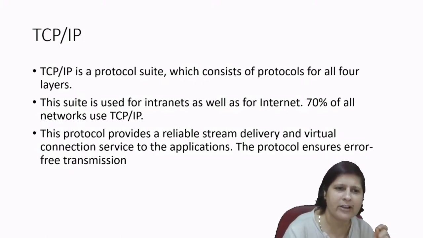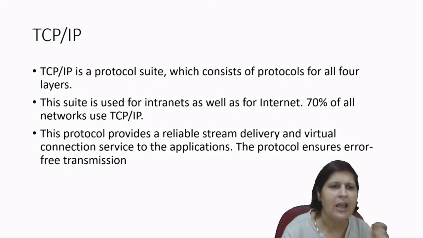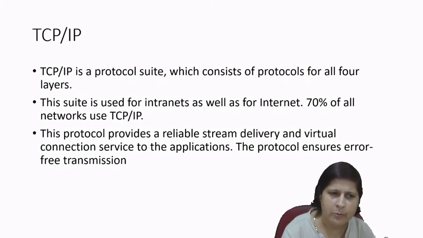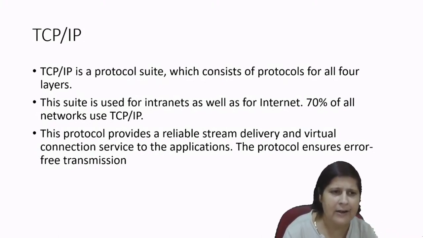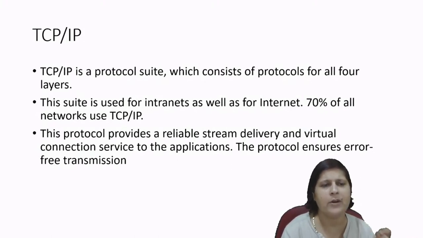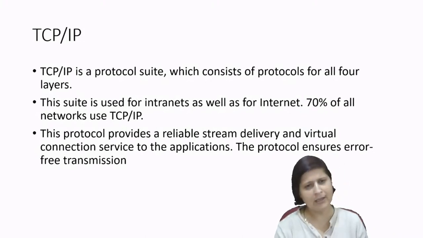TCP stands for Transmission Control Protocol, and IP stands for Internet Protocol. Protocol is what? As I told you earlier, protocol is nothing but a set of rules, and whenever you have to transmit the data on the intranet and the internet, you have to follow the rules. Then only you can transfer the data, otherwise you cannot transfer the data.